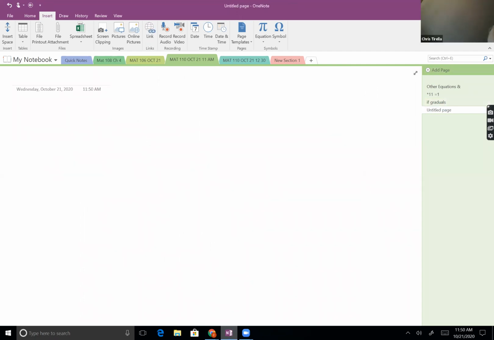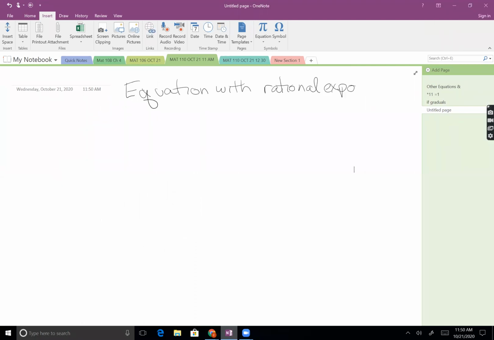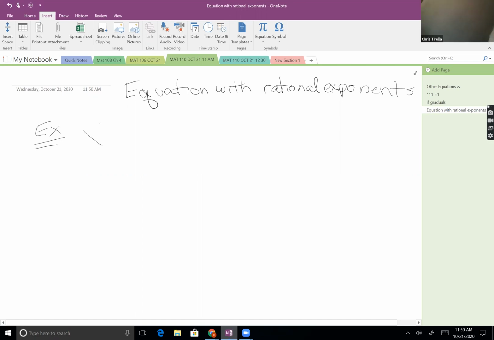Then the next thing we're going to look at are equations with rational exponents. And so, first example, let's look at x to the 3 halves plus 3 equals 30.